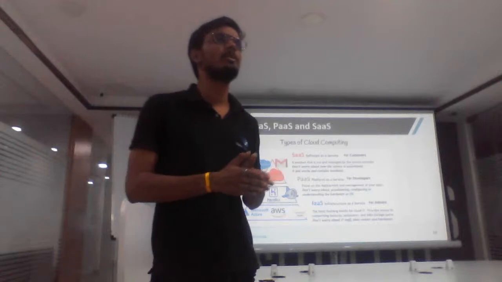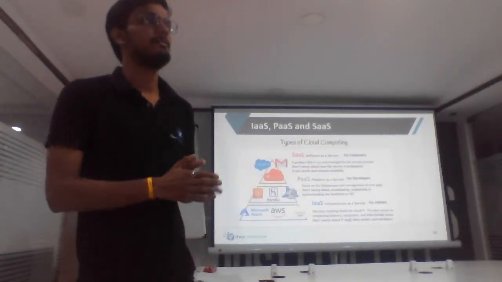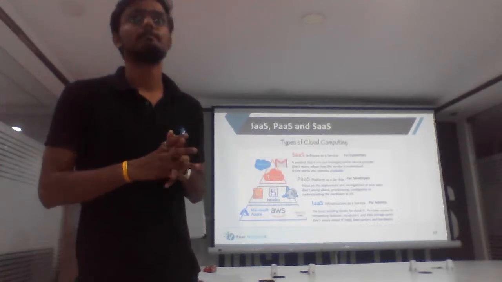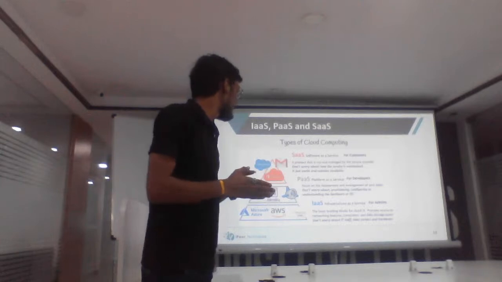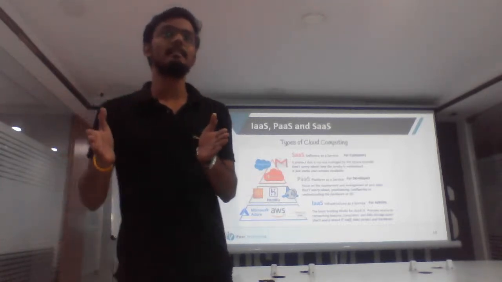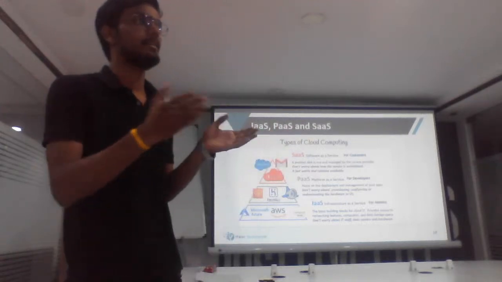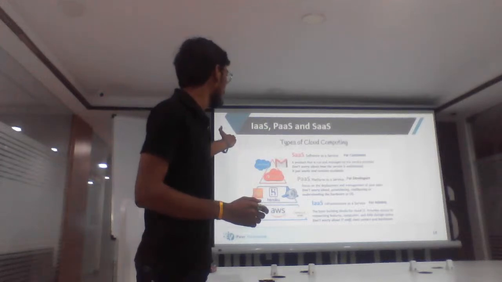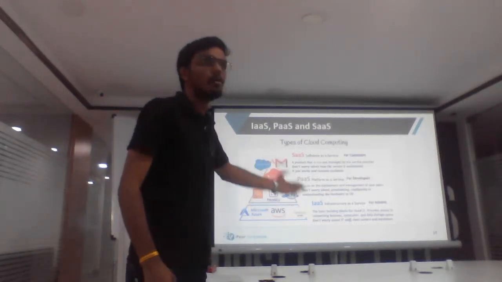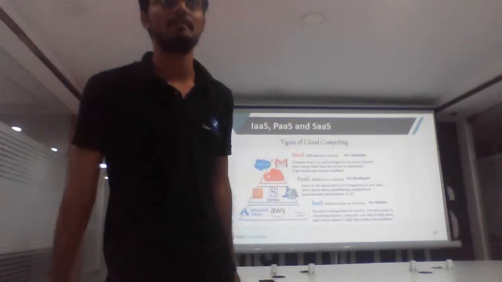Any idea what software as a service is and how it is used? Software as a service provides ready-to-use services, so we only have to worry about the data and authentication part. We have many examples like Gmail and Outlook.